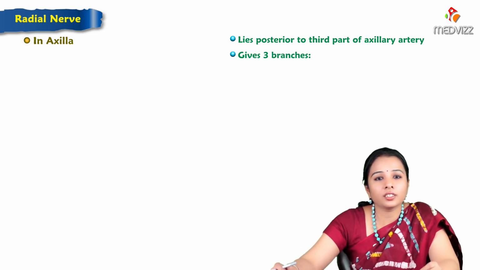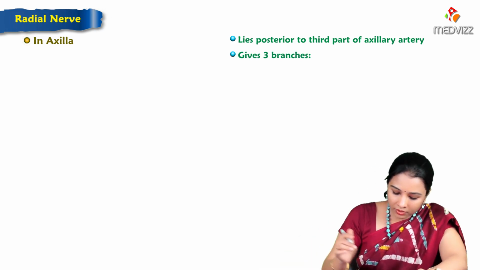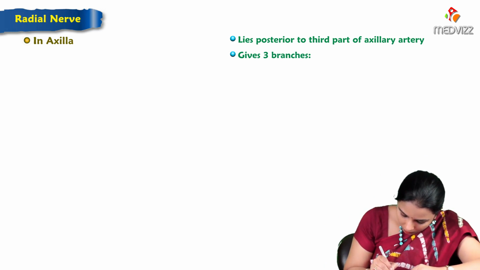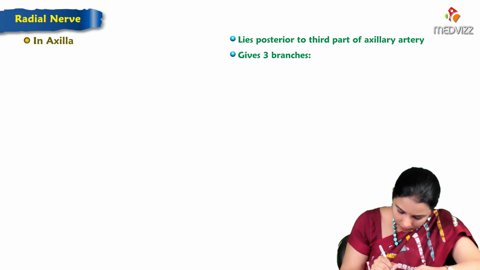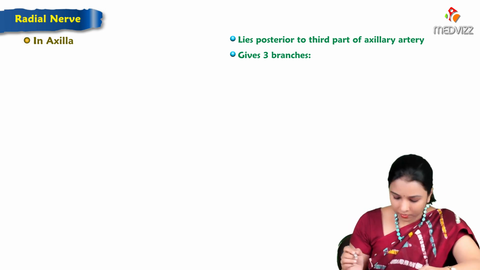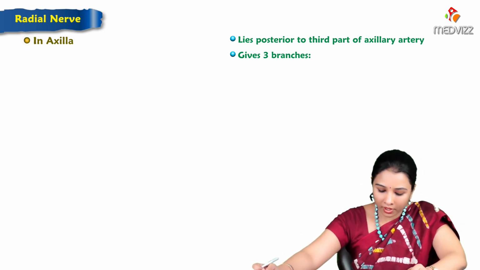The branches given off in the axilla are the posterior cutaneous nerve of arm, which supplies the skin on the posterior side, and the nerve to the long head of triceps.